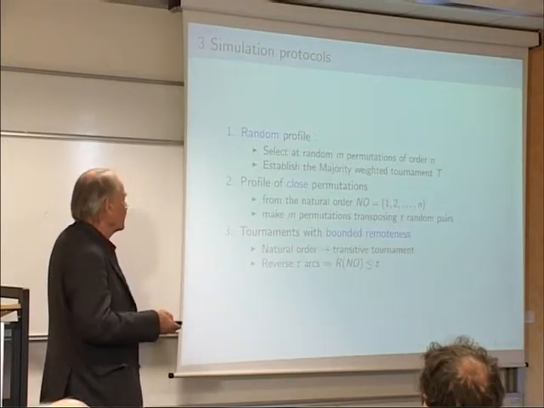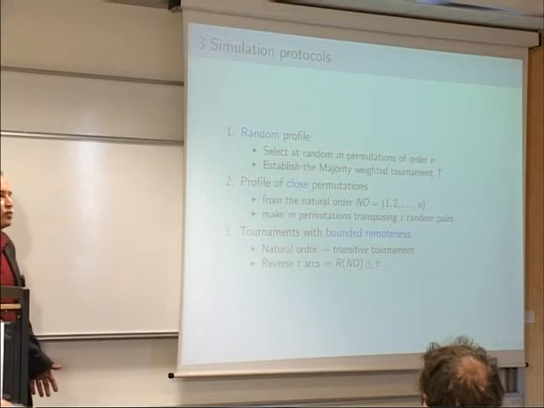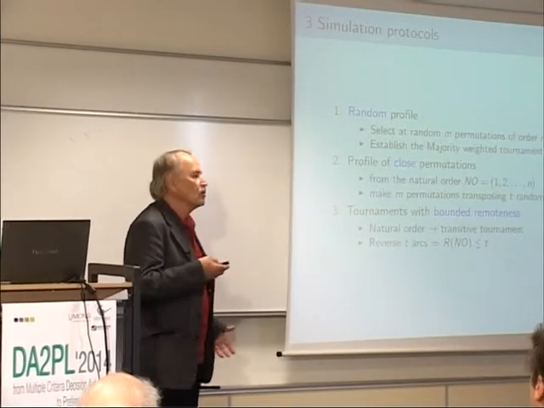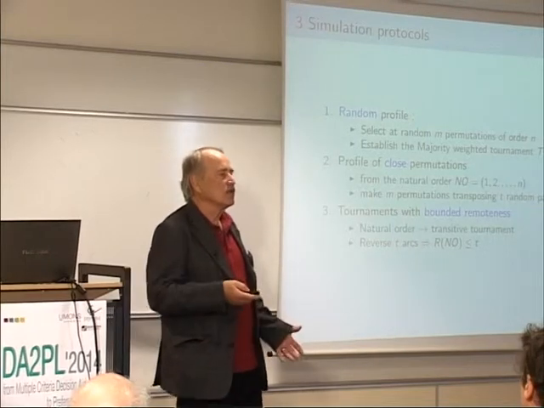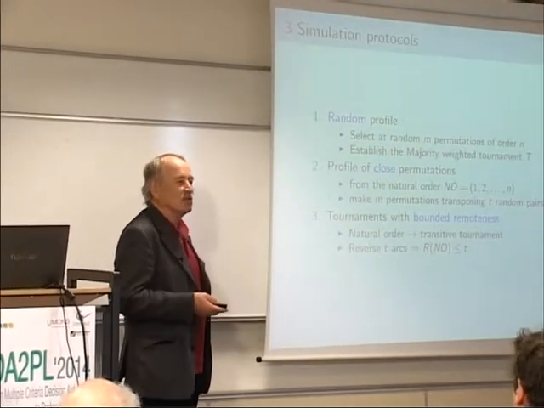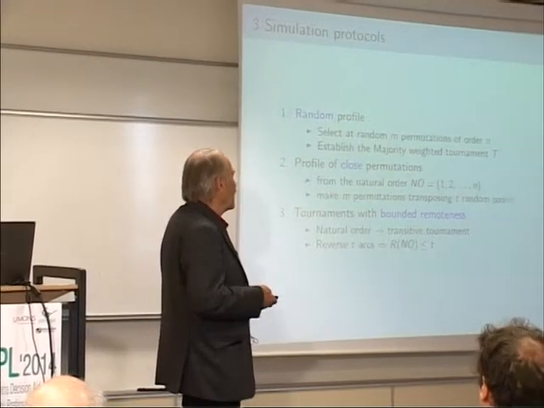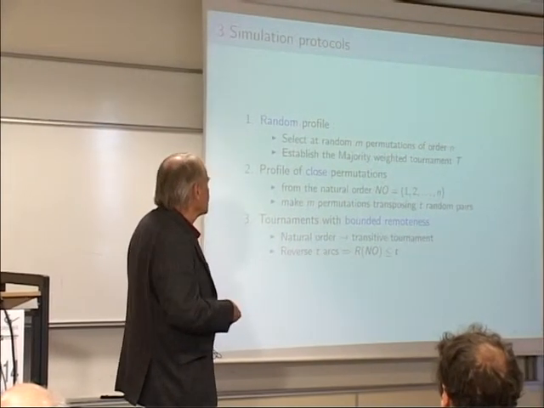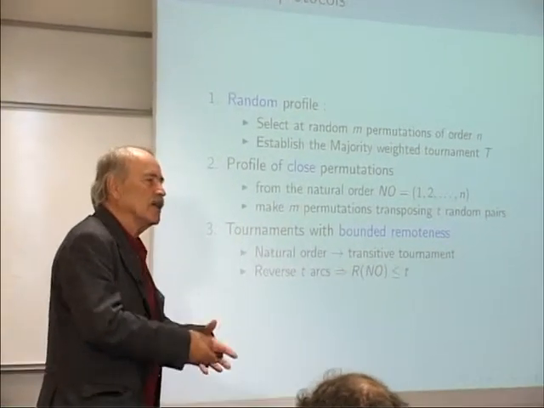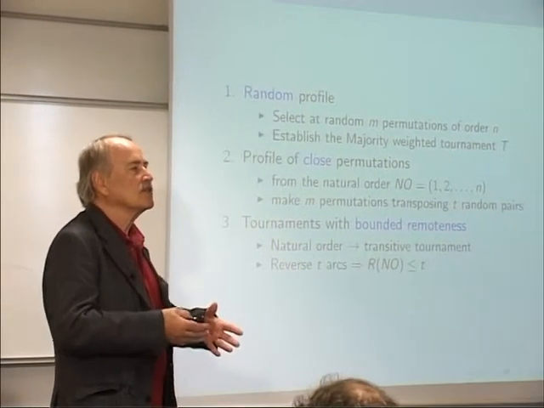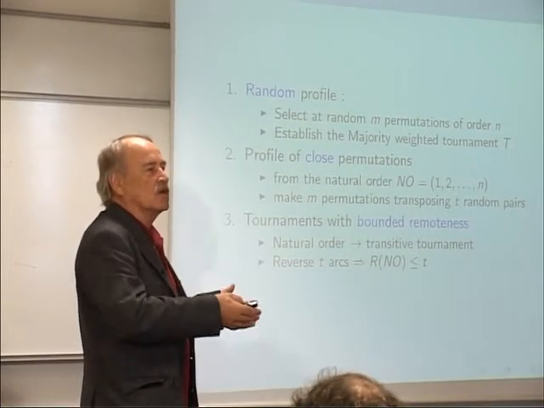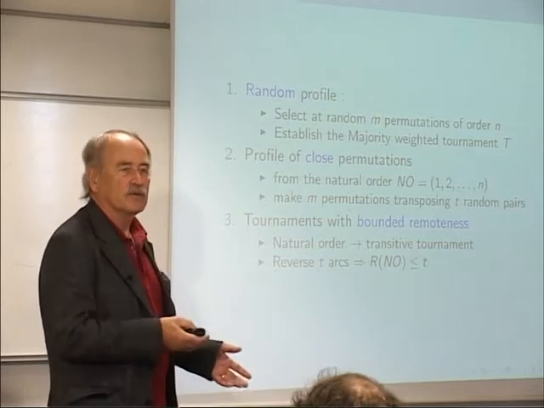So I want to understand if this is a good technique to improve the approximation of a median linear order. And so I will do some simulation protocols to test if it is efficient to make this decomposition, or if it is the same to take the heuristics as they are.